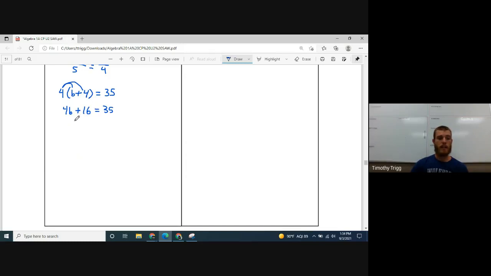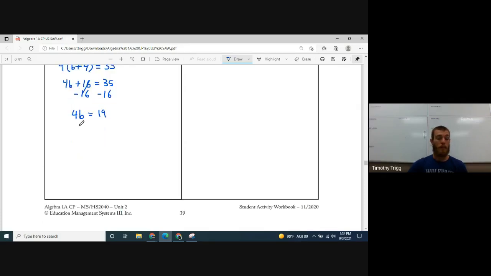What do you suppose my next step is? Well, I want to get rid of this 16, right? So I'm going to go ahead and subtract 16. When it says plus 16, I subtract it to cancel. Adding and subtracting are what we call inverse operations. So 35 minus 16 gives me 19. On the left side, I've got 4b equals 19.